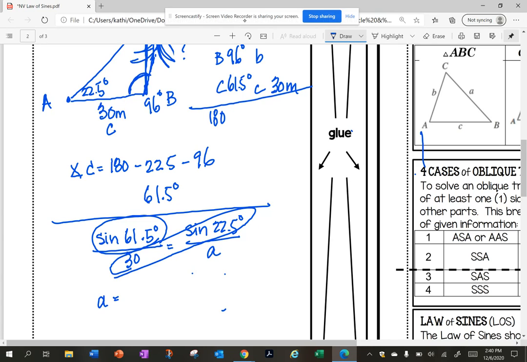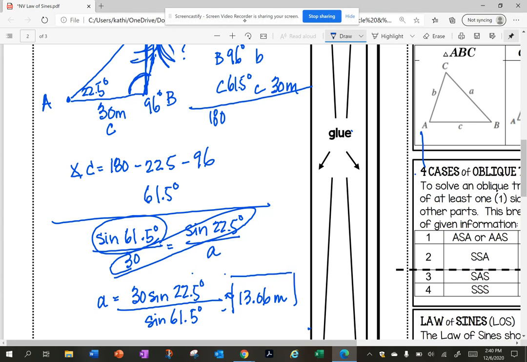So A equals 30 times the sine of 22.5 degrees divided by the sine of 61.5 degrees. So I get A is approximately 13.06 meters for my tree.